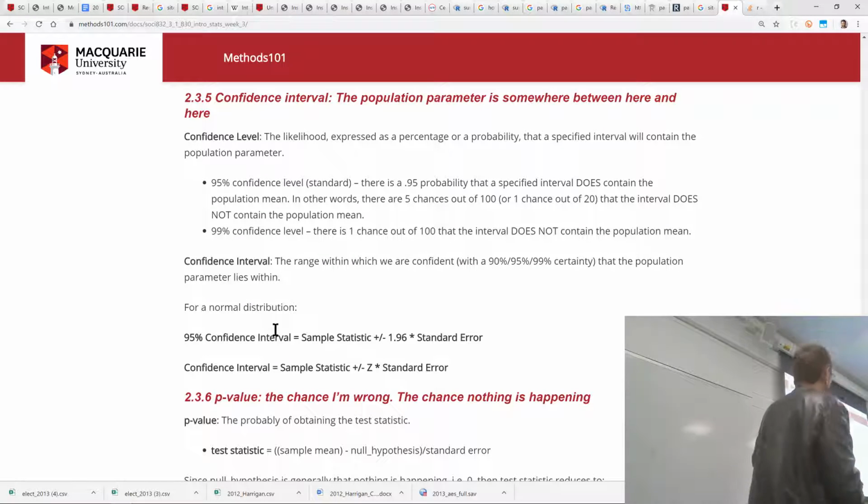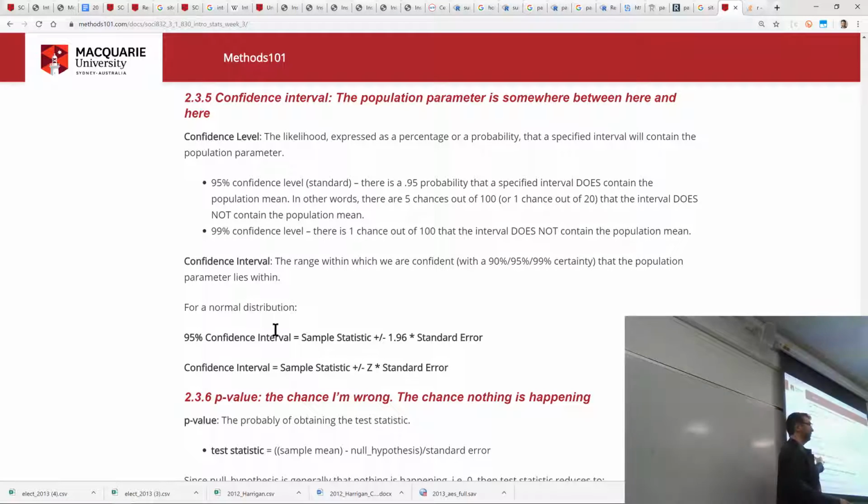Why is the 95% so important? Because how do we express 95% confidence in p-values? Less than 0.05, right? It's slightly different, but it's broadly the same concept.